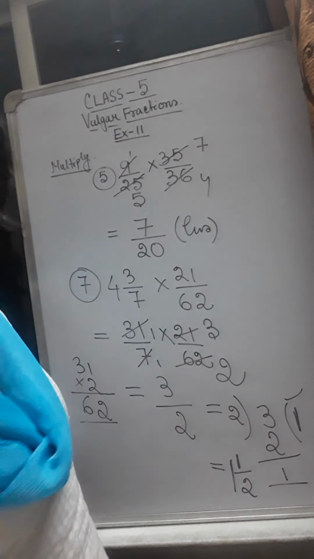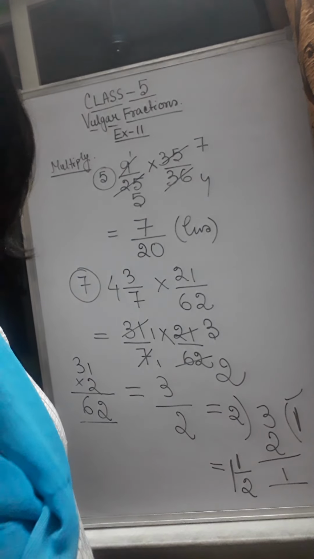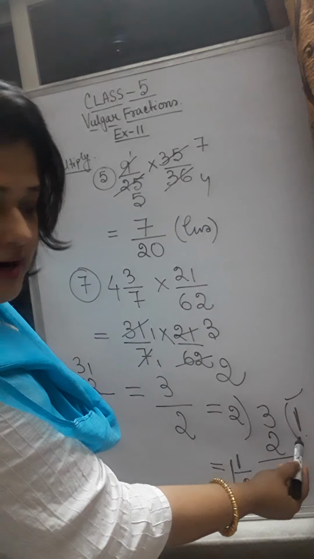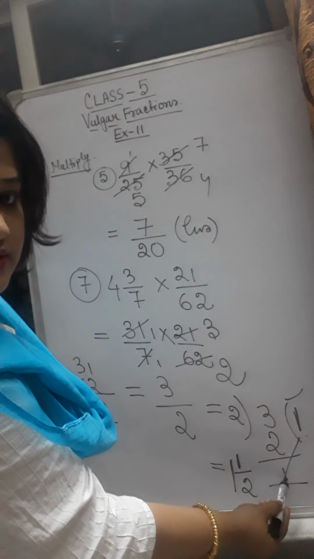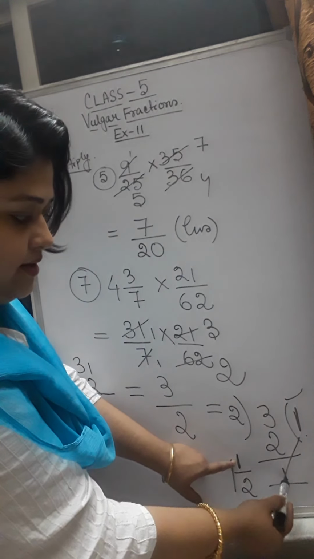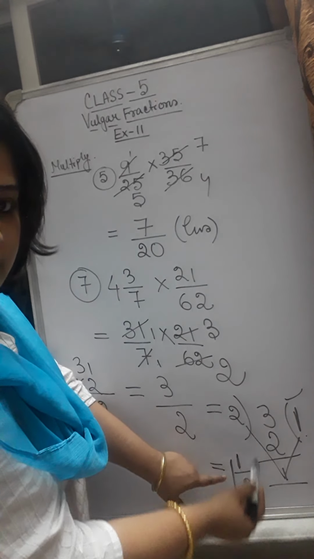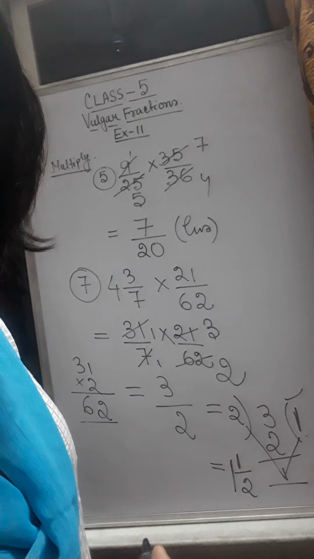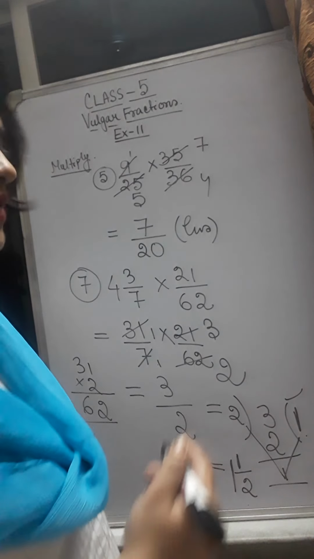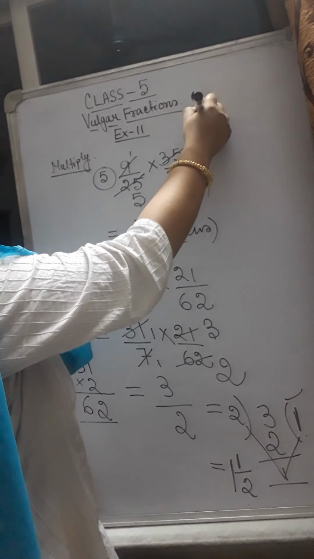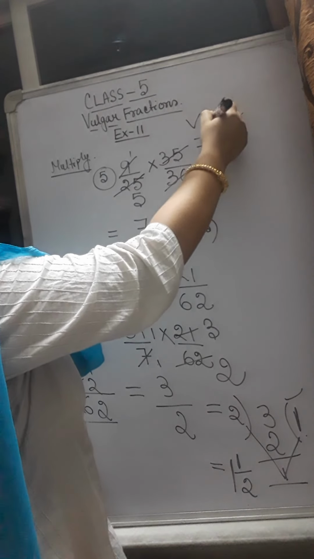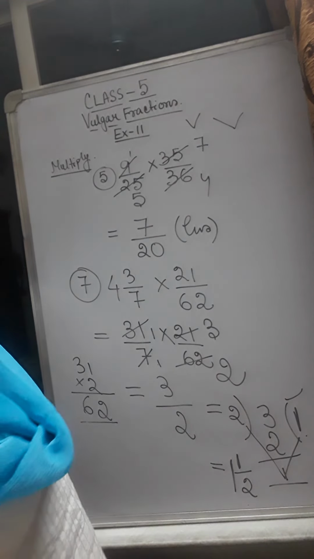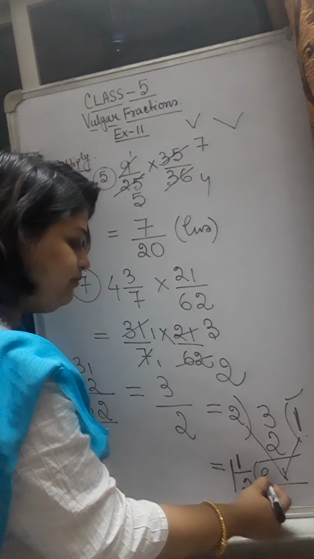So how to write in the form of a mixed fraction? Quotient will be present as the whole number part, remainder as the numerator part, and the divisor as the denominator part. It is like we are moving in reverse of V. When we write V, we write like this, but here we are moving in the opposite way. So this is the way you convert into a mixed fraction, and this is the answer.